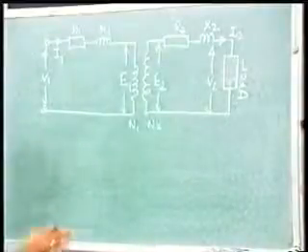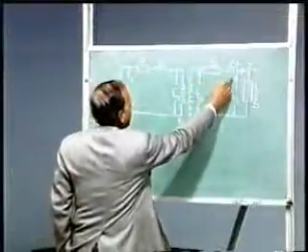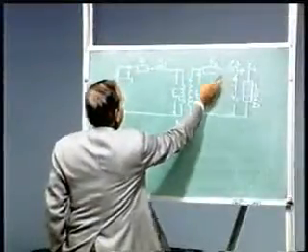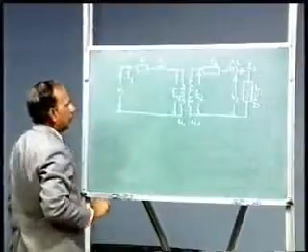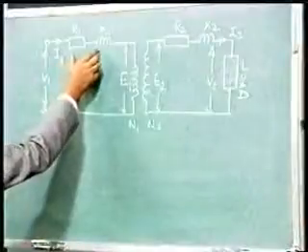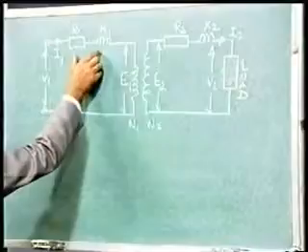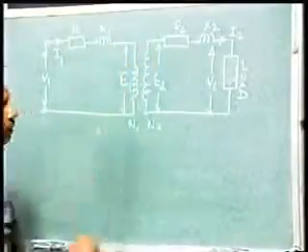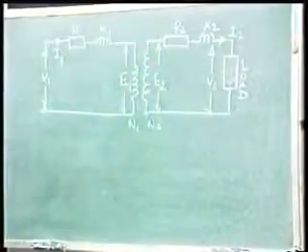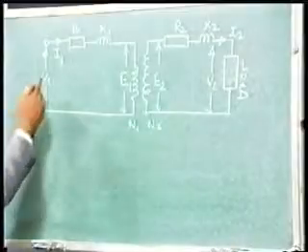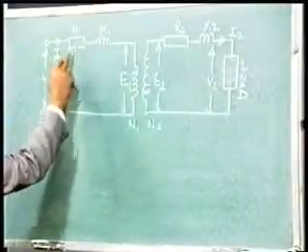Now we will see how the resistance and reactances of the secondary could be transferred to the primary side, or the resistance and reactance of the primary side could be transferred to the secondary side, and what their values are. Now let us see what the I square R loss is in this circuit.